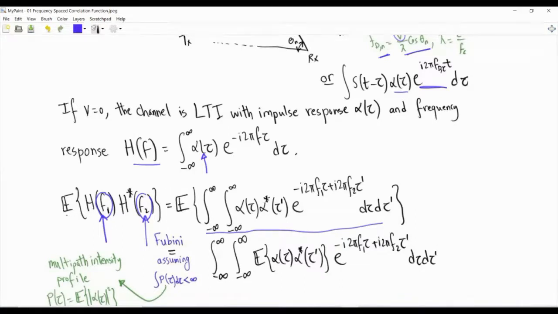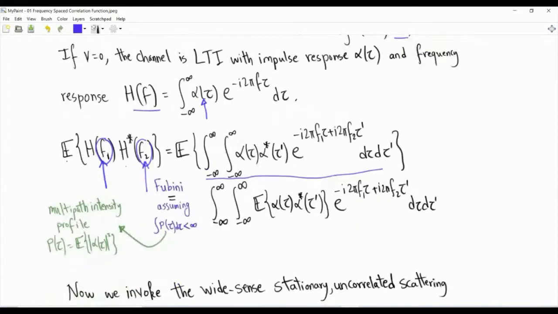Because we have the expectation of h of f1 times h conjugate of f2, it's an expectation of a double integral. Okay, and so it's not always valid to interchange the order, but if you assume that B of tau, remember last time we talked about B of tau, it's the multipath intensity profile, and it is the expectation of the magnitude of alpha of tau squared.